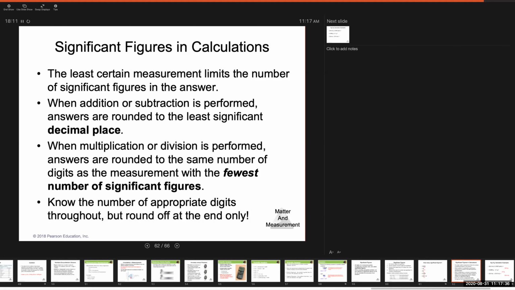If you're adding and subtracting, then it's the least significant decimal place. So if you're adding or subtracting and you have, say, 22.4 and 21.698, it's that 22.4. The 0.4 would be all the further you could go in terms of significance, adding or subtracting.